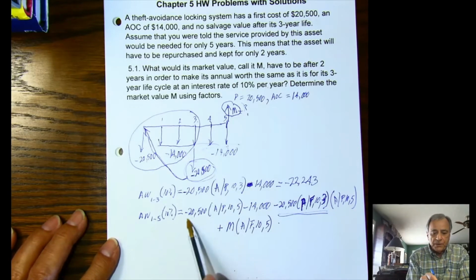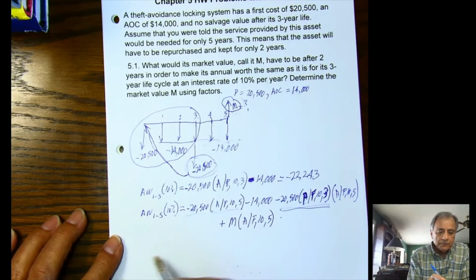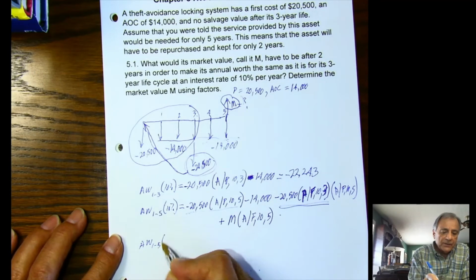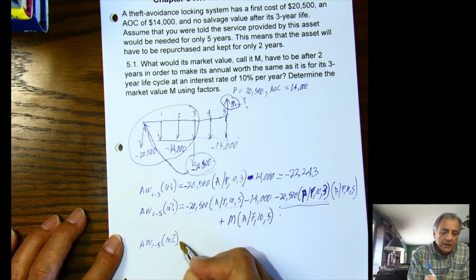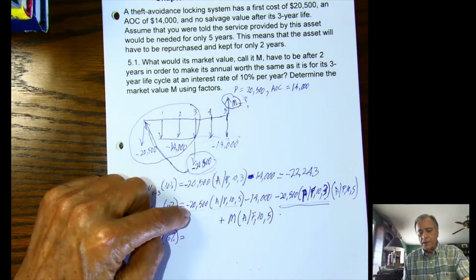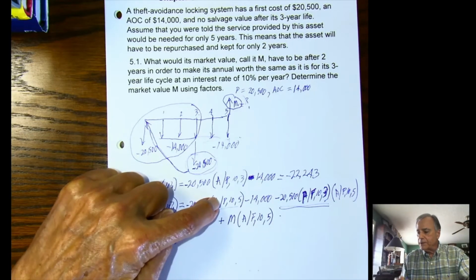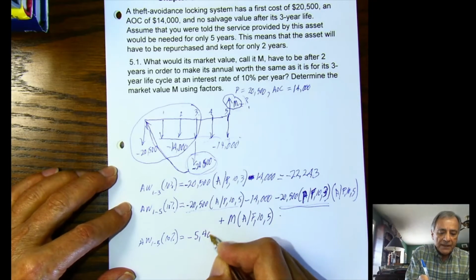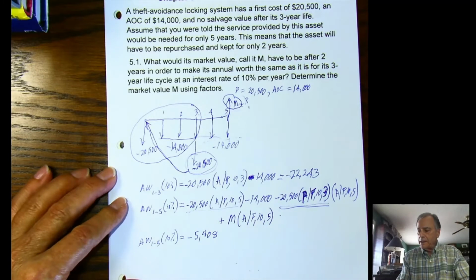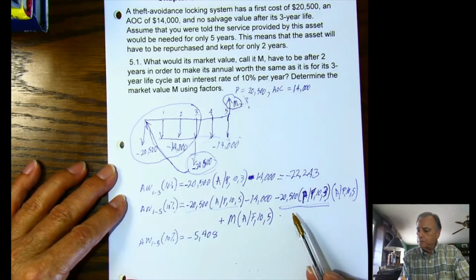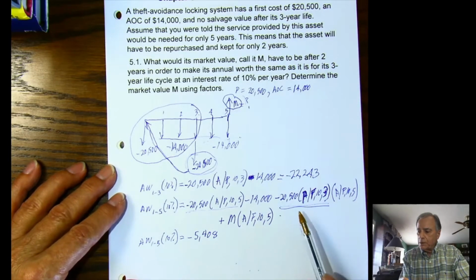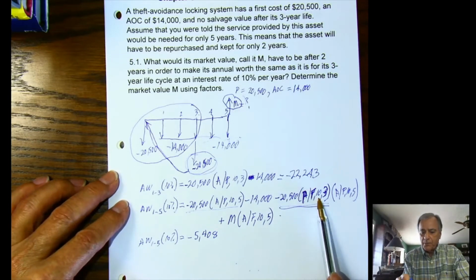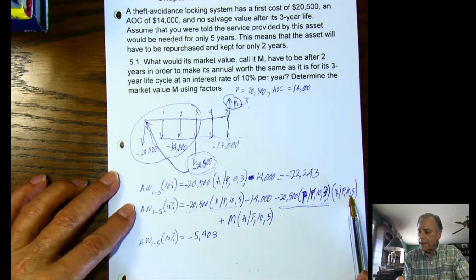If you compute this, let's do this annual worth of 1 through 5 at 10%, and if you spread this 20,500 over 5 years at 10%, you get minus 5,408. And then you take this number here, bring it back to the present, and spread it out.